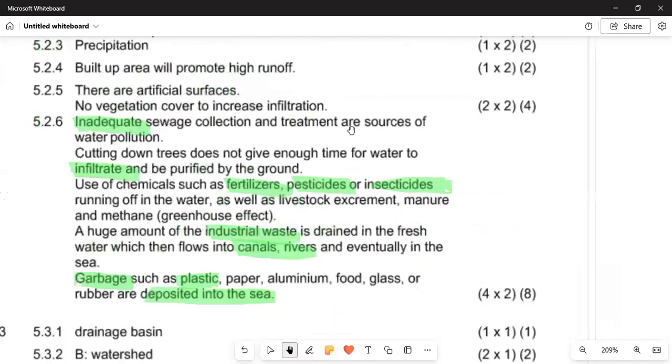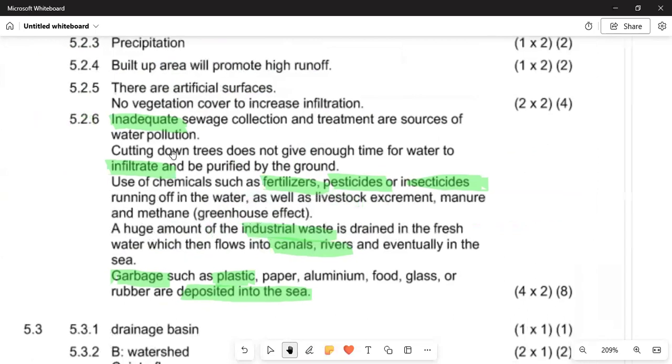We are saying, 5.2.6, inadequate sewage collection and treatment are sources of water pollution. So the keyword is inadequate. Something that is inadequate is not sufficient, it's not enough. The municipality is not rendering that particular service to the people.